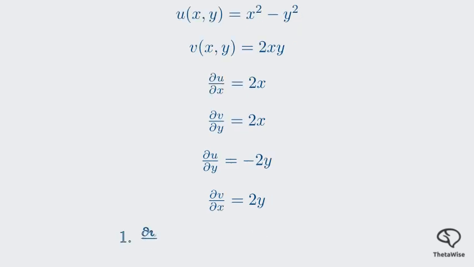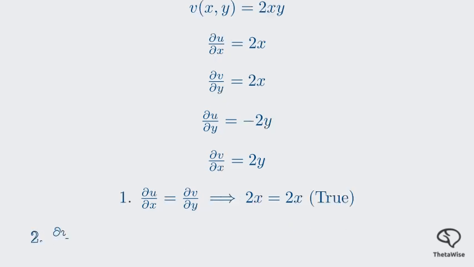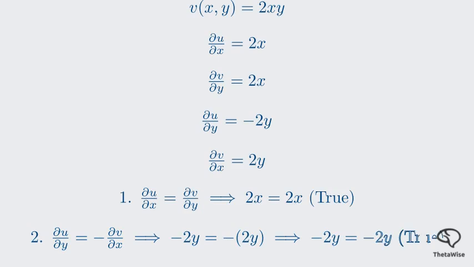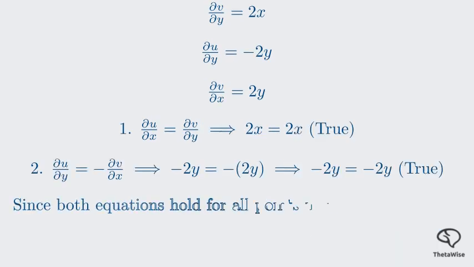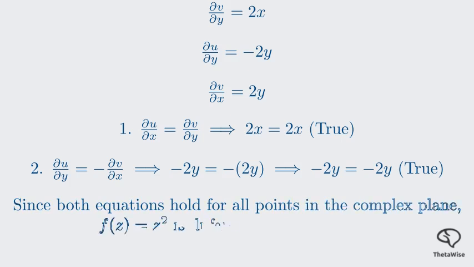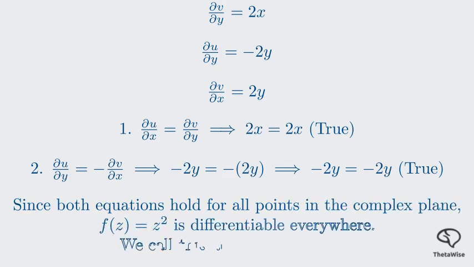The first equation, ux equals vy, becomes 2x equals 2x, which is true for all x. The second equation, uy equals negative vx, becomes negative 2y equals negative 2y, which is true for all y. Since both equations hold for all points in the complex plane, f of z equals z squared is differentiable everywhere. We call this an entire function.